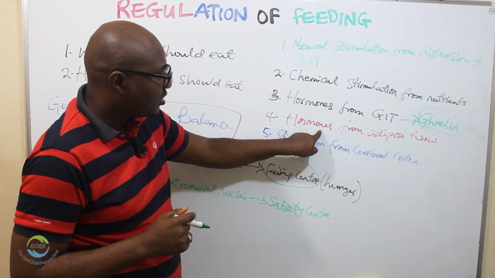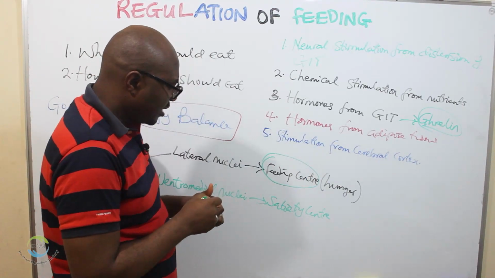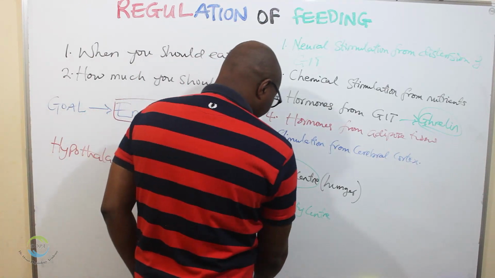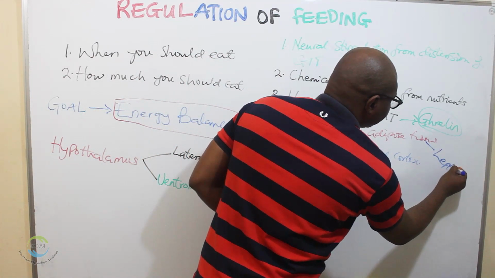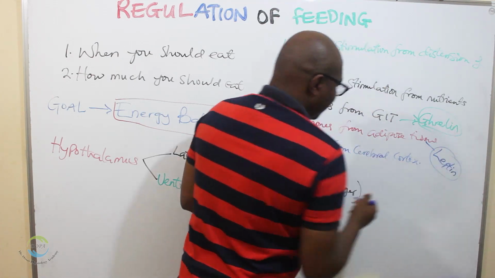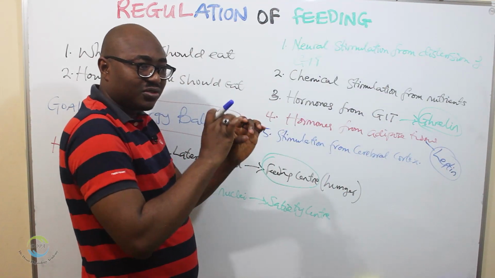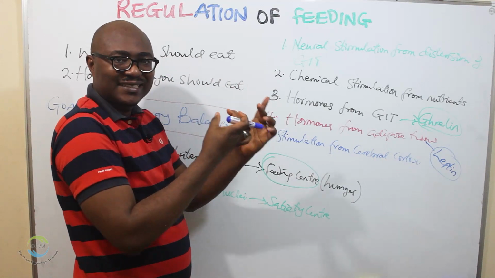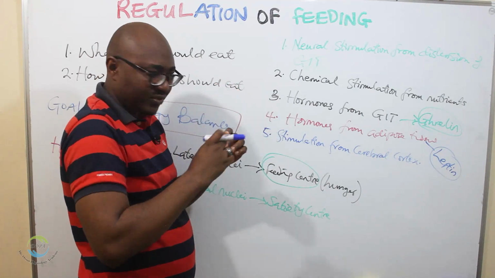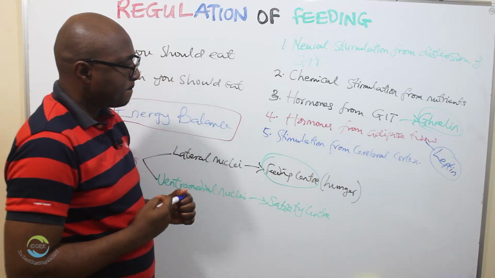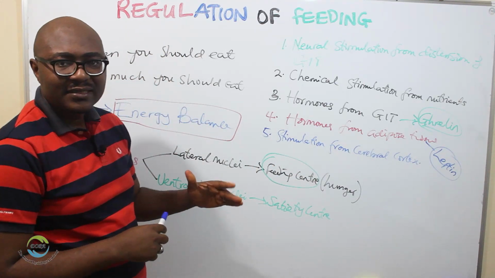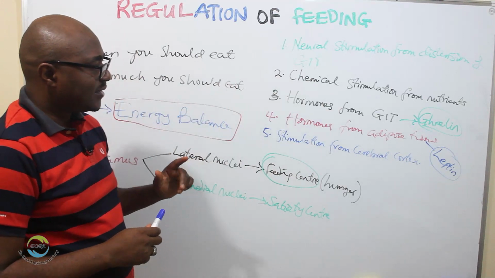Then this one, hormones from adipose tissue. That hormone is called leptin. The adipose tissue cells, they call them adipocytes, as fat cells, release a hormone called leptin. And that leptin acts opposite to ghrelin.